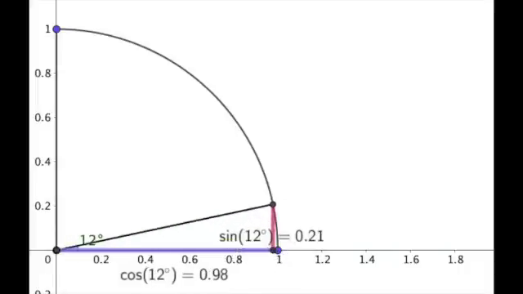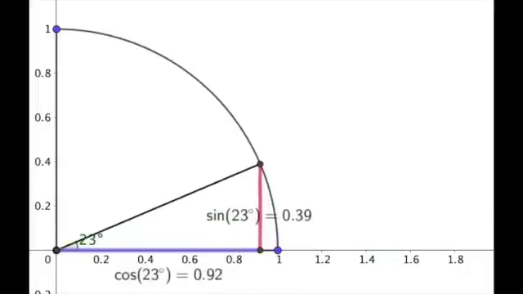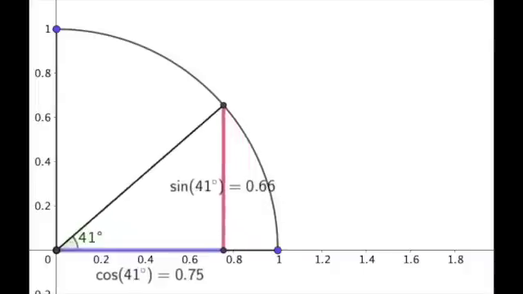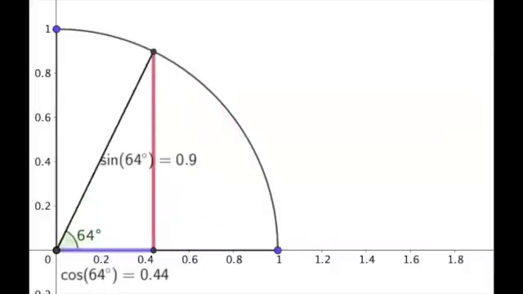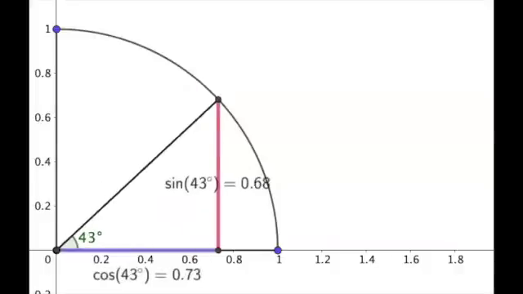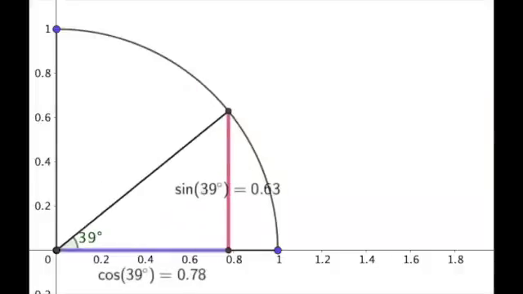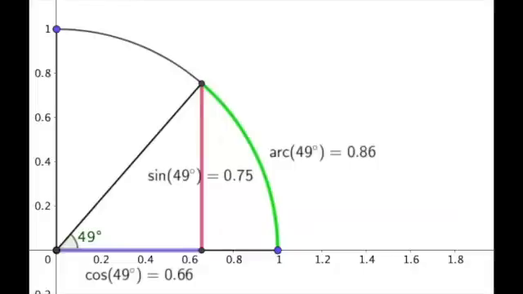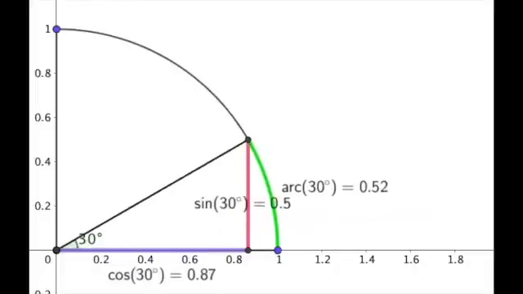And the bigger the angle gets, the smaller the cosine gets. So those are the players in action here. There are 3 of them: the arc, the sine, and the cosine, and they're related to each other in a pretty complicated way that we're going to explore through the Madhava calculations.